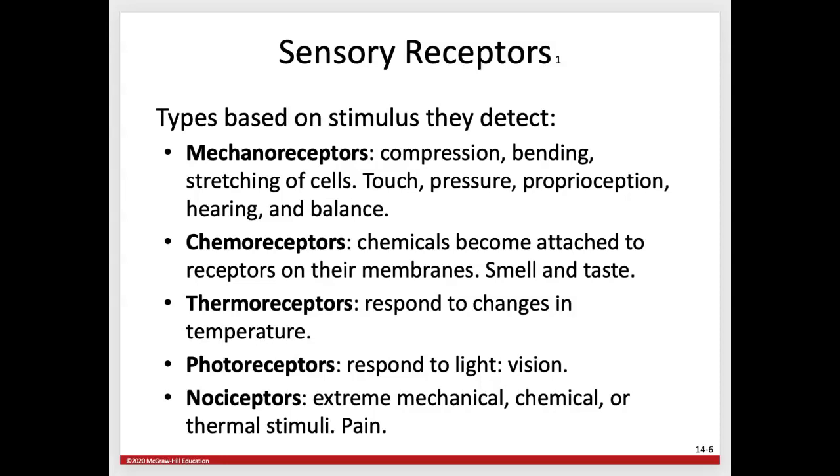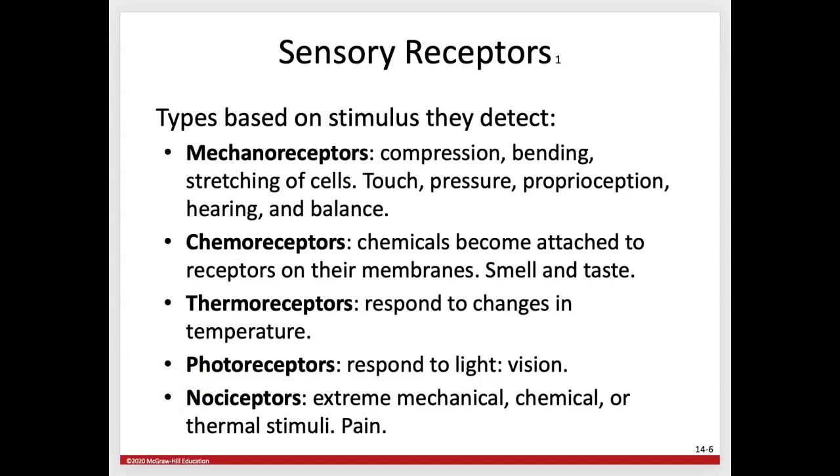Chemoreceptors have to do with chemicals that become attached to receptors in their membranes, like smell and taste. Thermoreceptors respond to changes in temperature. Photoreceptors respond to light. We find those in vision. And nociceptors are stimulated by extreme mechanical, chemical, or thermal stimuli, so in pain.